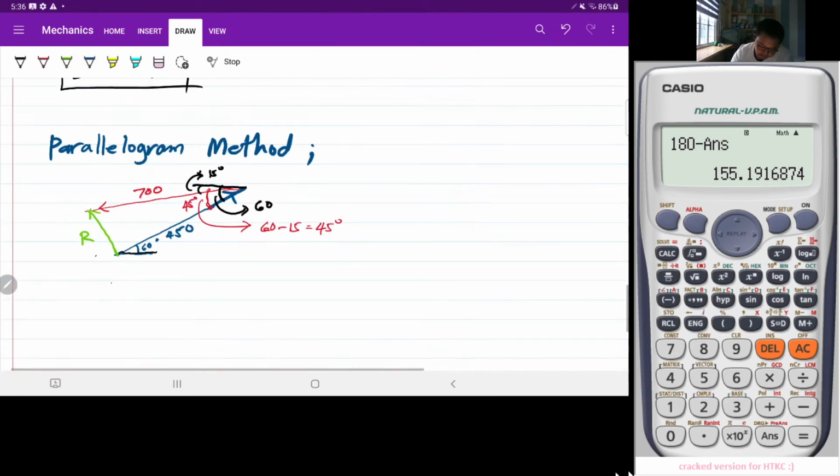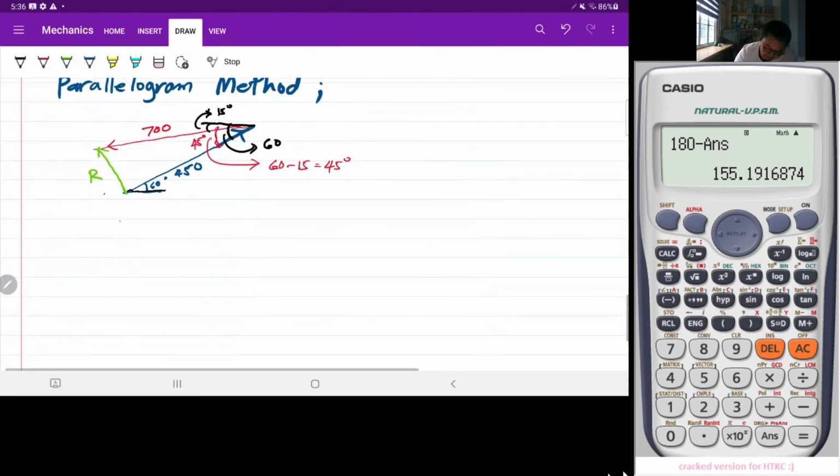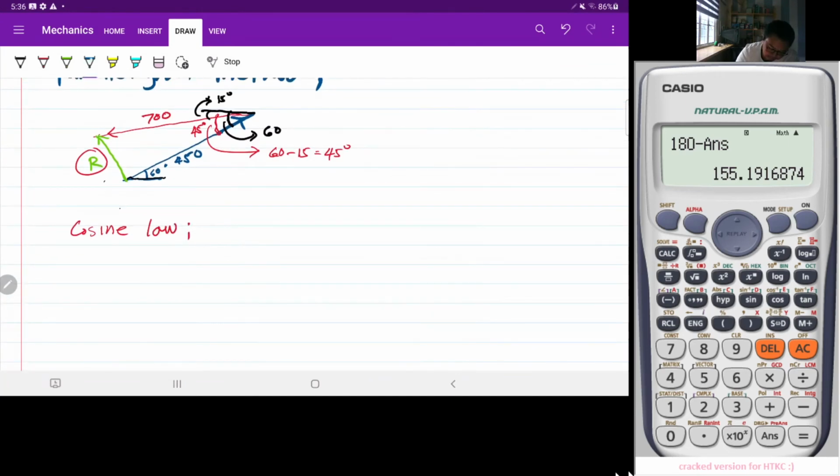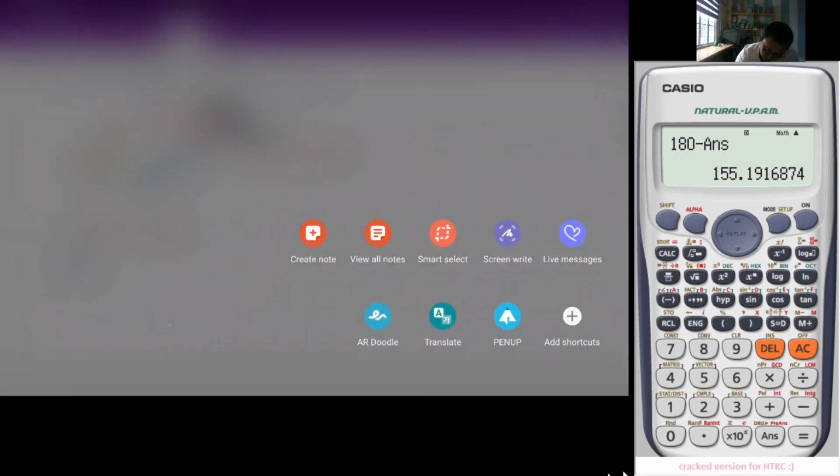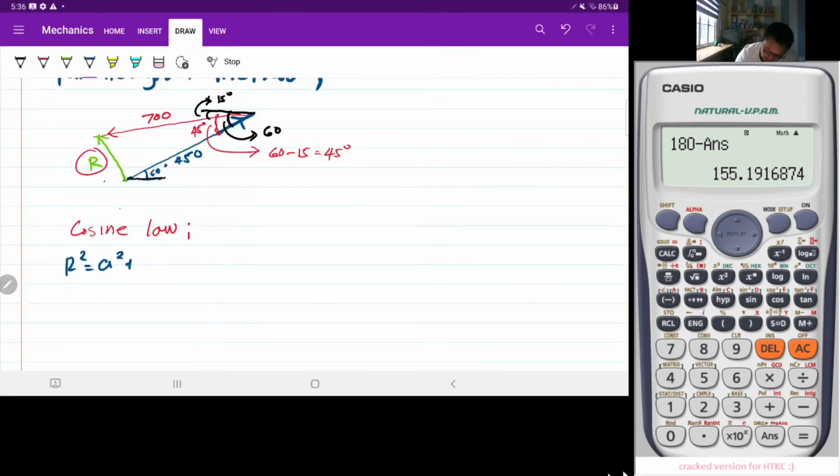Okay, so we can solve R by using cosine law. Okay, so cosine law. Cosine law is R squared equals A squared plus B squared minus 2AB cosine of interior angle.